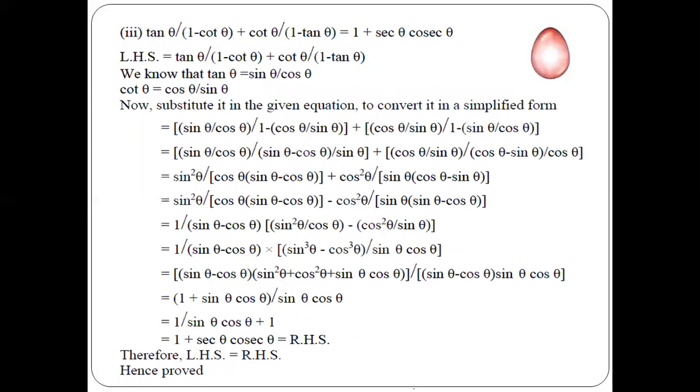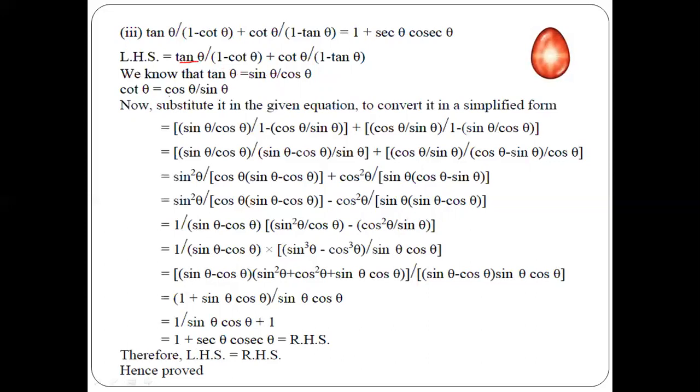Tan theta by 1 minus cot theta plus cot theta by 1 minus tan theta equals 1 plus secant theta cosecant theta. Now, tan theta equals sin theta by cos theta, right? So you need to substitute sin theta by cos theta in the place of tan theta.